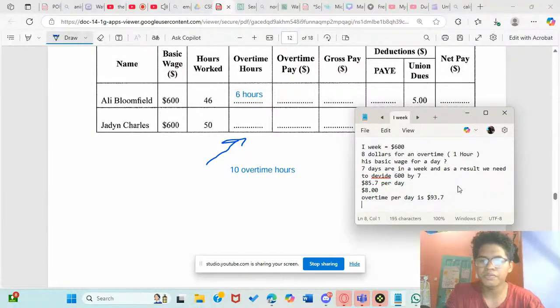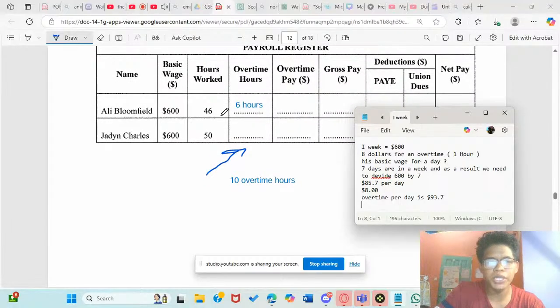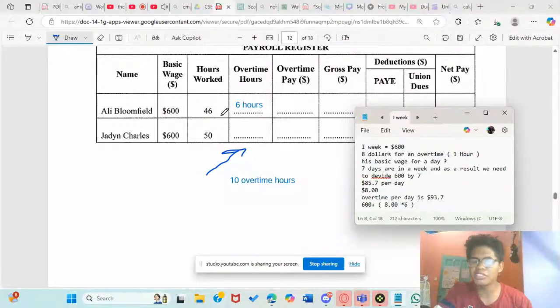6 hours. So his average basic wage per week is 600 plus the 8.00 times the 6. Hopefully you guys are seeing that on the screen. Hopefully you're understanding.